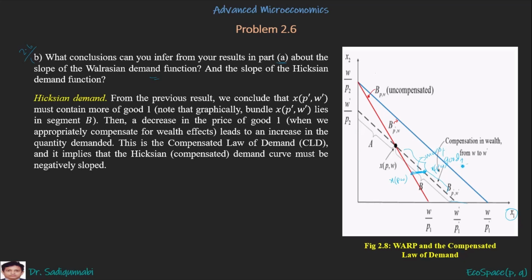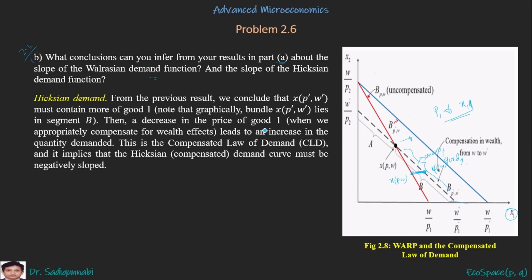So we know that the pivoting result was for a decrease in price. A decrease in the price of good one, P1 decrease, leads to an increase in the consumption of good x1.